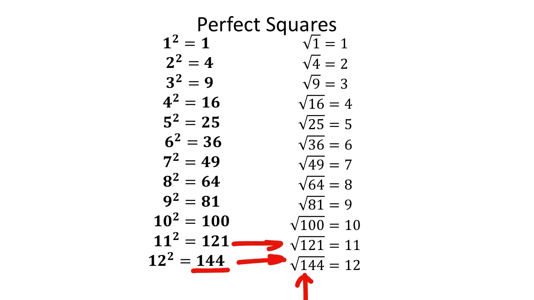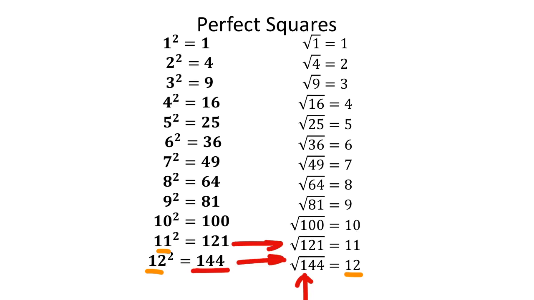And then when you square root those values, you get the original value, or the base value, that we started from to the power of 2. And this is because it is asking what the side length of a square is if the area of the squares are these numbers.